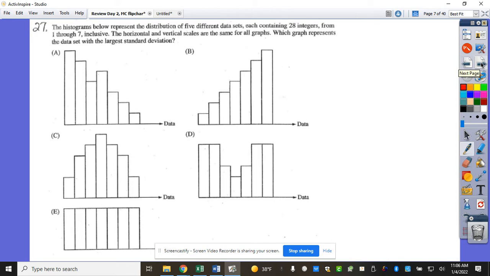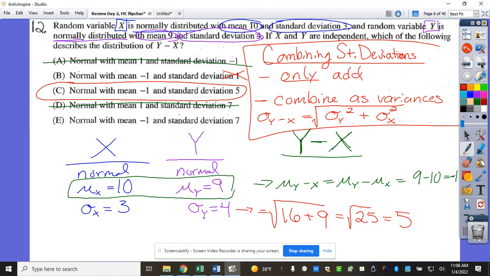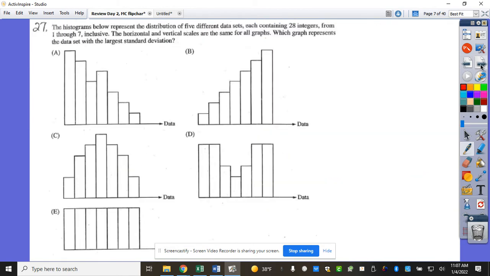At 27. Histograms below represent the distribution of 5 different data sets, each containing 28 integers from 1 through 7 inclusive.